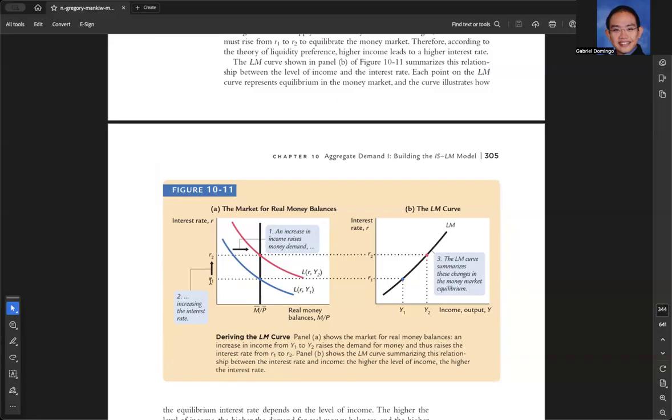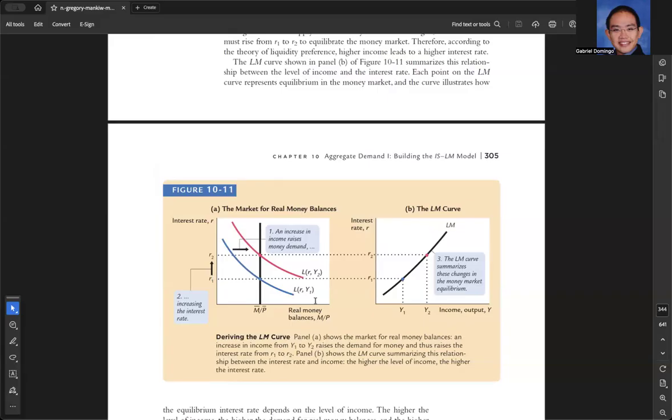Well, like we said, if Y goes up, if Y goes from Y1 to Y2, then according to panel A, if the demand for money shifts to the right, the only way for the market to return to equilibrium is for the real interest rate to rise from R1 to R2.